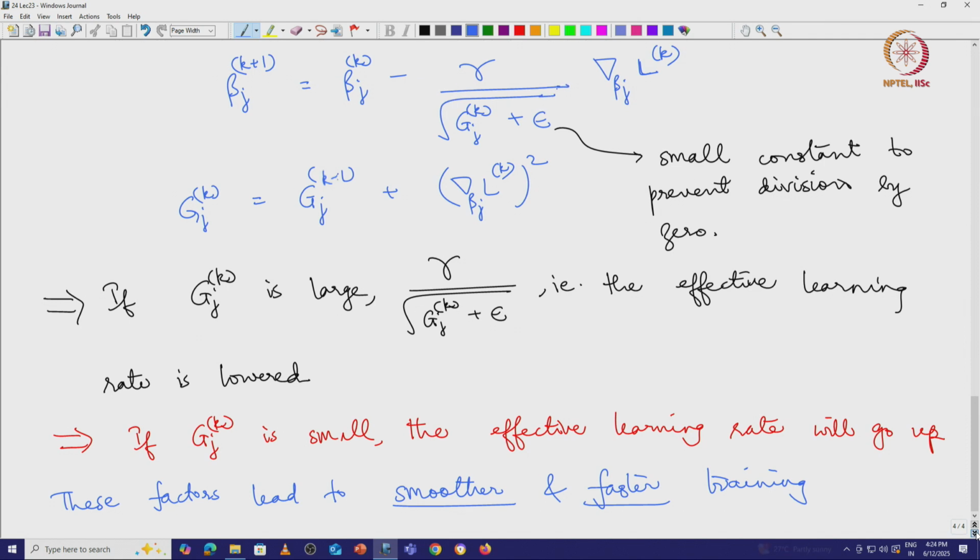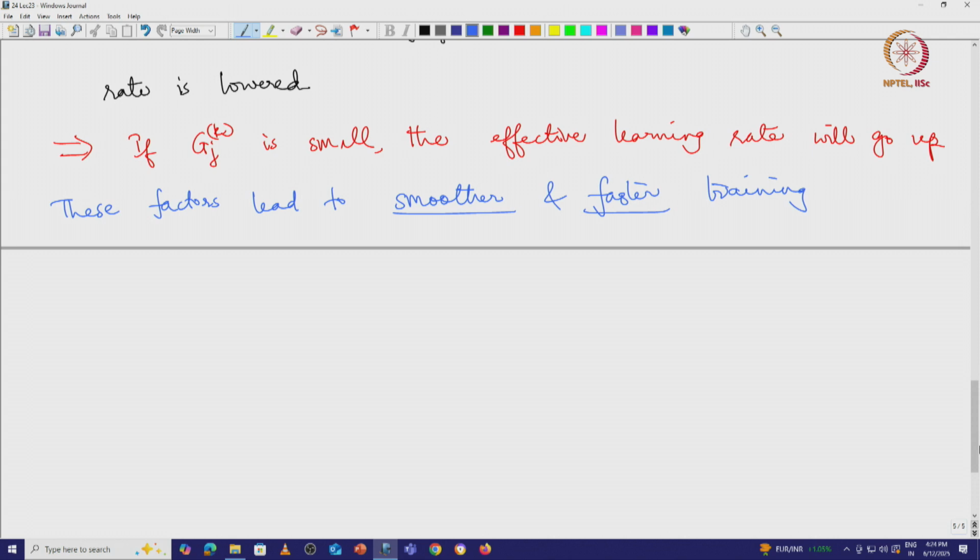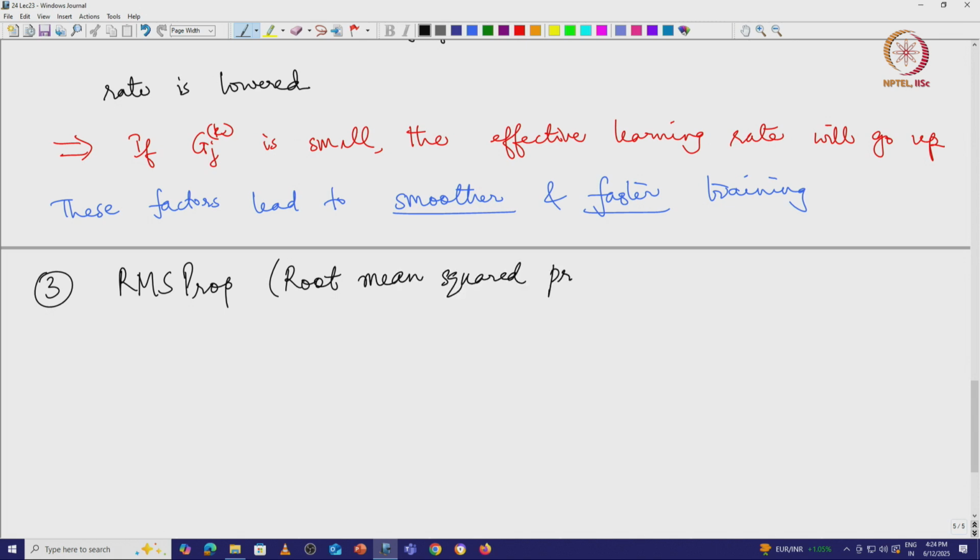Okay. So, this was in 2011, and then in 2012 there was another variation of stochastic gradient descent that was proposed, and this is called root mean squared propagation, RMSprop. So, the next variant of SGD is RMSprop, short for root mean squared propagation.